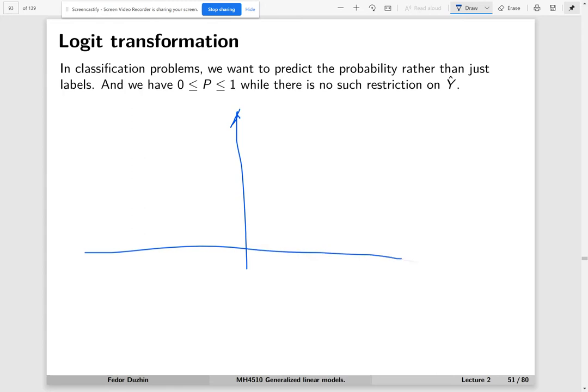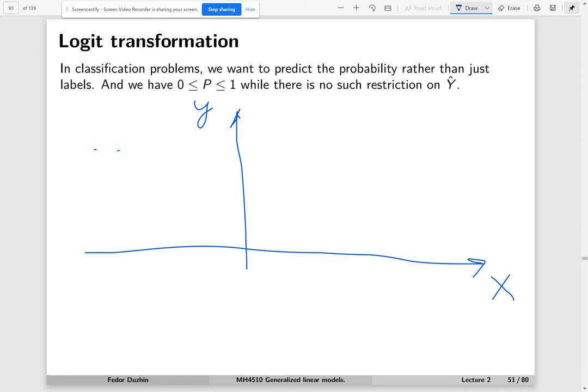Let me try to plot it. If these are our 2 axes, suppose that we just have one predictor, so forget about the iris data set for now. We have one predictor x, and our response variable y can be either 0 or 1.